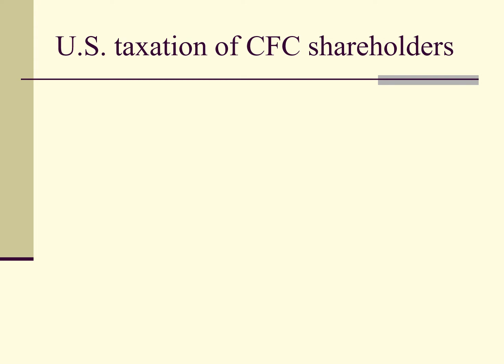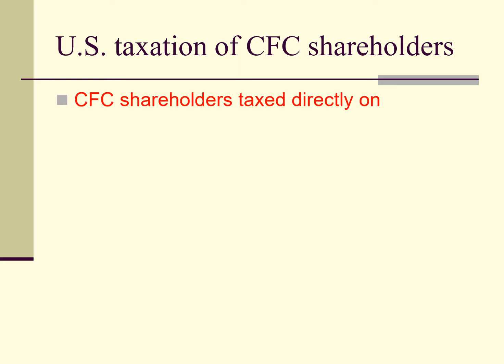Where the rules for CFCs differ from those applicable to other foreign corporations is the taxation of shareholders. When a corporation is a CFC, then its shareholders are taxed directly on certain income of the CFC. The income so taxed is the corporation's Subpart F income.